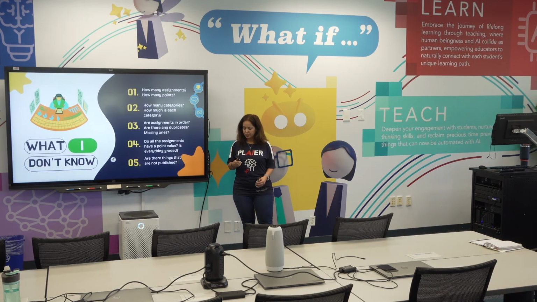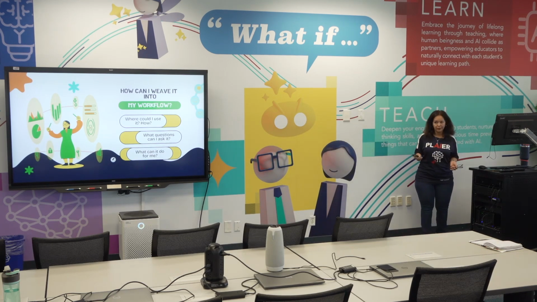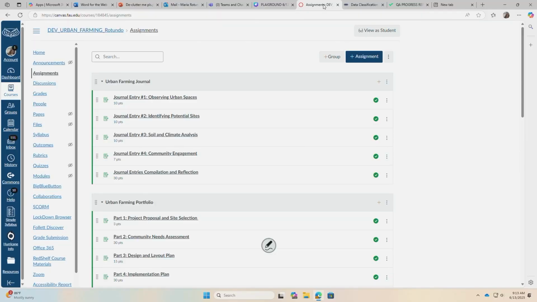Okay, I'm going to show you another example of what I do a lot, which is reviewing courses. And this is a copy. Of course, I changed the names and I changed everything, but this is what a real gradebook would look like. And I am a reviewer and I need to know how the gradebook is set up.